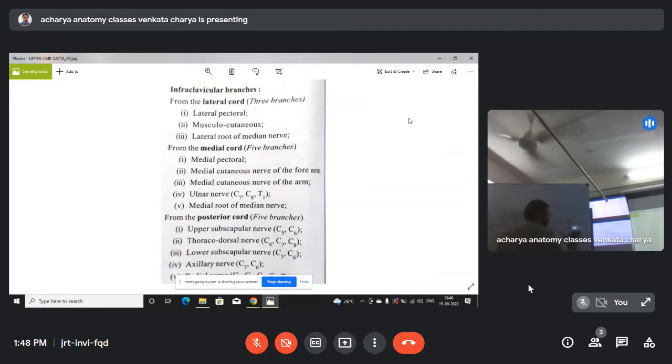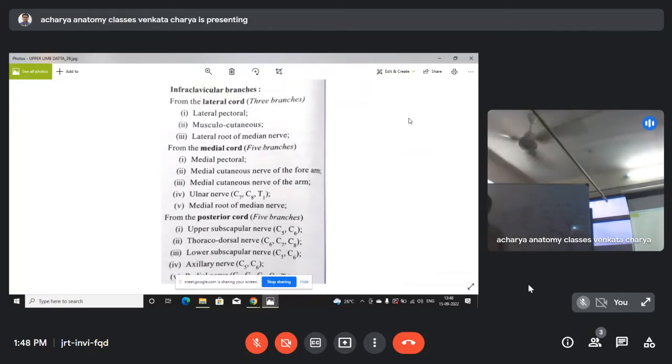Nerve to latissimus dorsi, 2 marks. Axillary nerve is a 4 marks question. Then radial. Radial nerve is a 10 marks question.